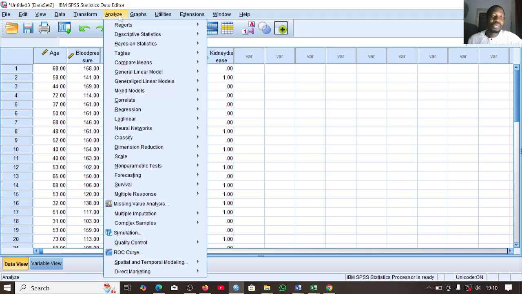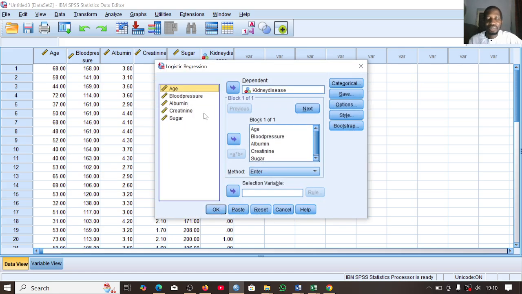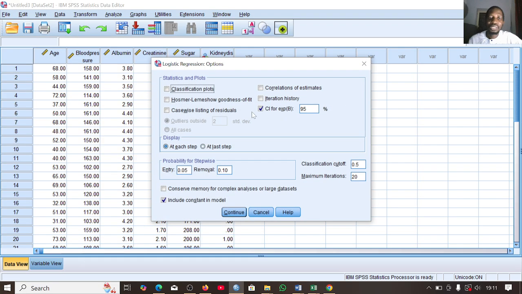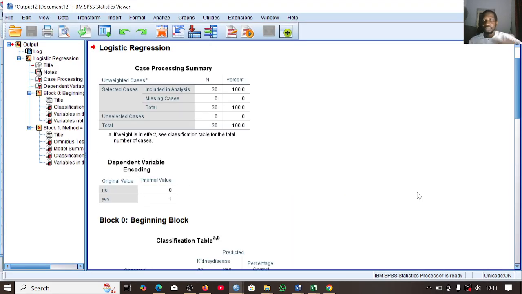I will go to Analyze, locate Regression, then click on Binary Logistic. The kidney disease, which is dichotomous, goes to the dependent variable, and age and the rest go to the independent variables. Under Options, select the 95% confidence interval, then continue and click OK.